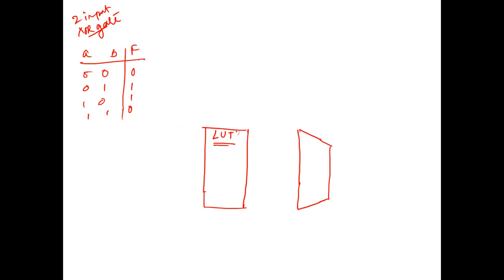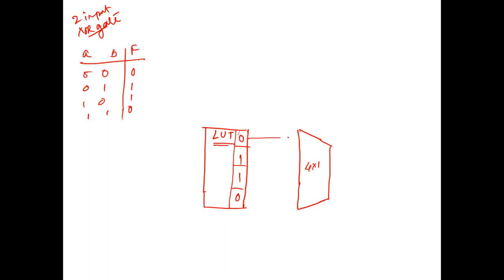In the lookup table, the interesting part is that this is a 4 cross 1 multiplexer, so they have 4 blocks: this is 0, this is 1, this is 1, and this is 0.